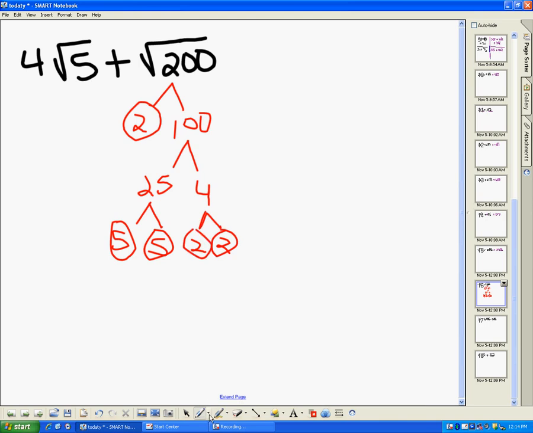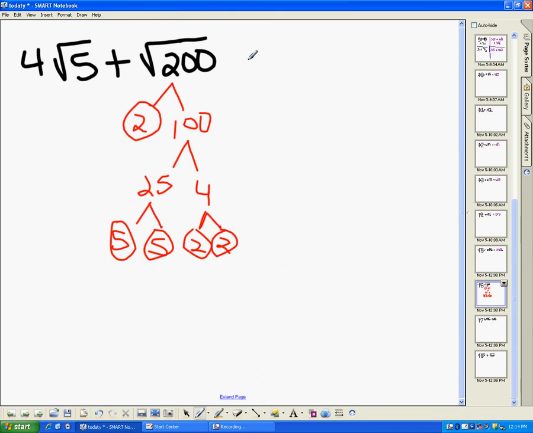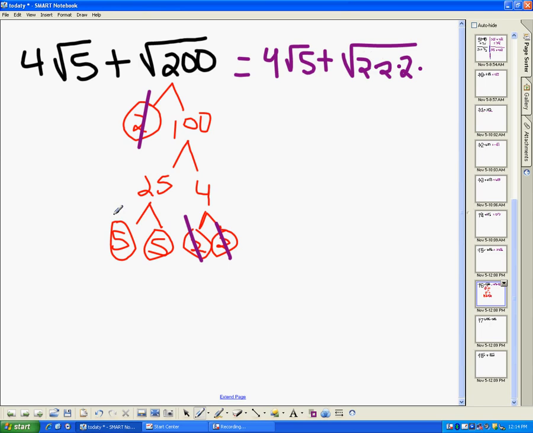So I'm going to rewrite what we're finding here. This is going to be 4 square root of 5 plus square root of 2 times 2 times 2 times 5 times 5. Make my symbol longer. Alright, and then we want to look for those married pairs and pull them out.